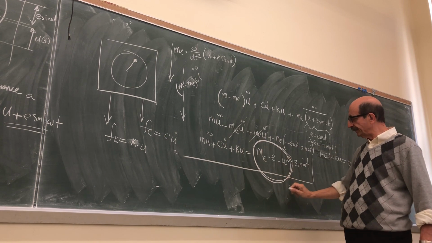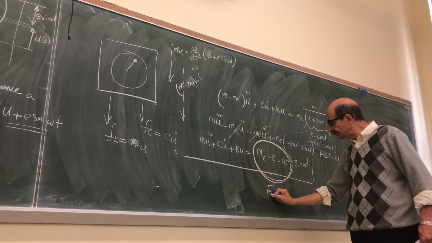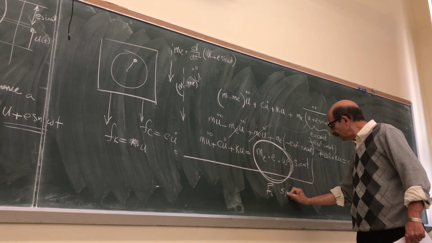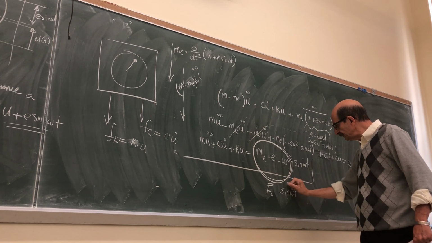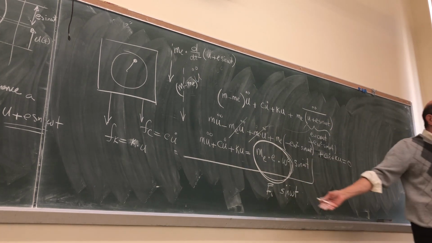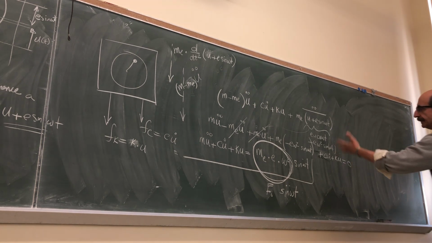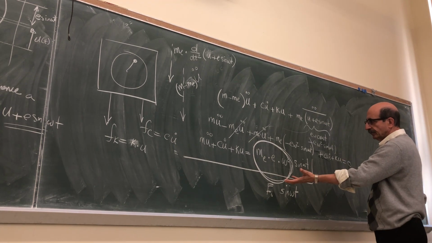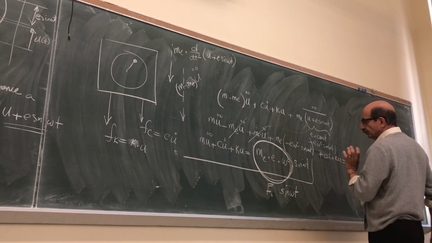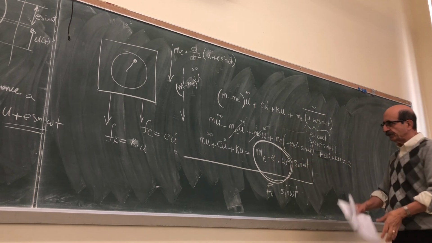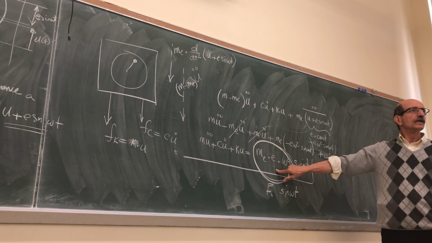So if you compare this with F0 sine omega t, rotating unbalance is a harmonically excited system where the amplitude of the forcing function is this.